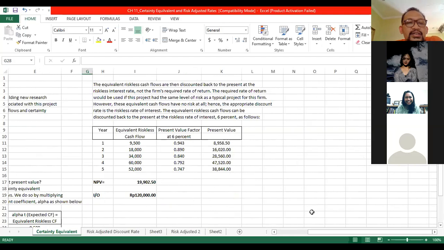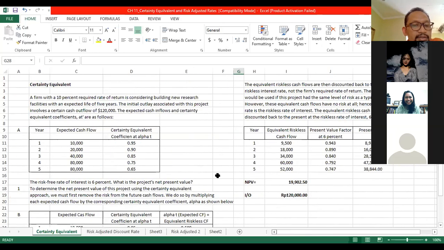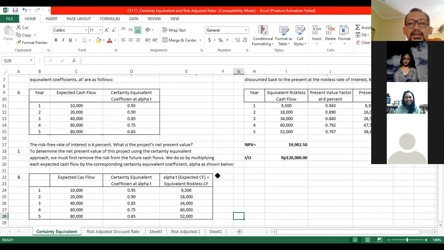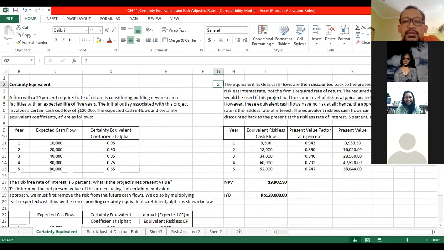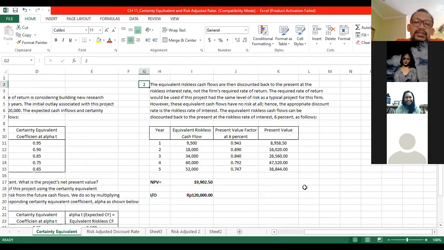Step 2. The equivalent riskless cash flows are then discounted back to the present value as usual.